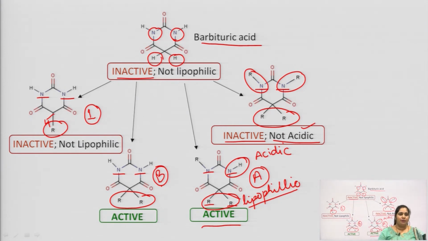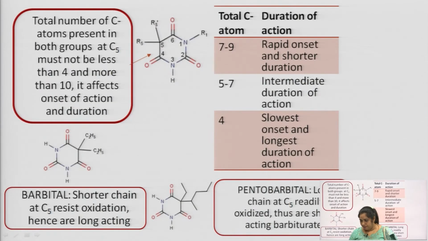Again, this compound B is also active. So, these two structures 1 and 2 are inactive because of being either not lipophilic or not acidic, but compounds A and B are both active, they possess both acidic as well as lipophilic character.